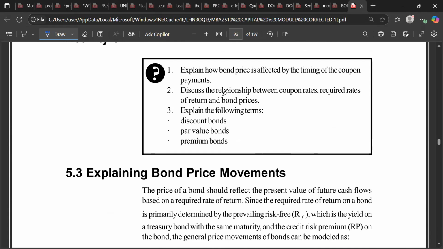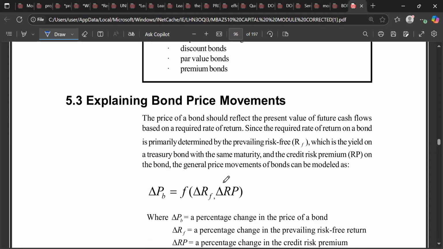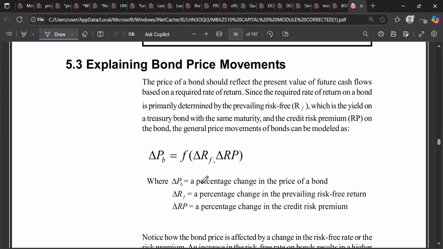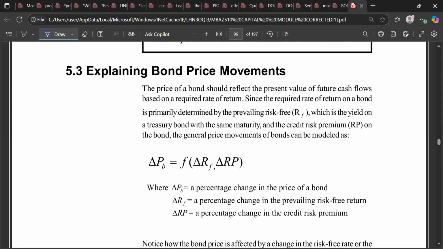Okay. With that in mind, I'll give you a task to look at, just to gauge your understanding of bond valuation and how the price of bonds moves in relation to interest rates. In our next session, we're going to cover bond movements and the factors that affect bond prices in relation to the risk-free rate and the risk premium. So I'll post the question in the group.